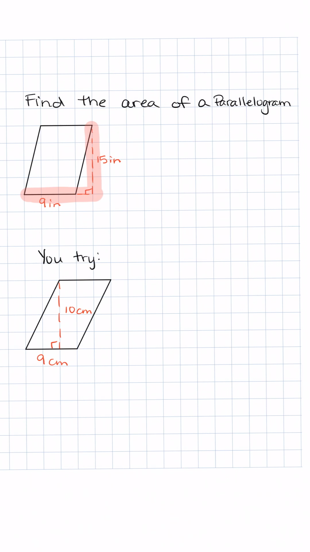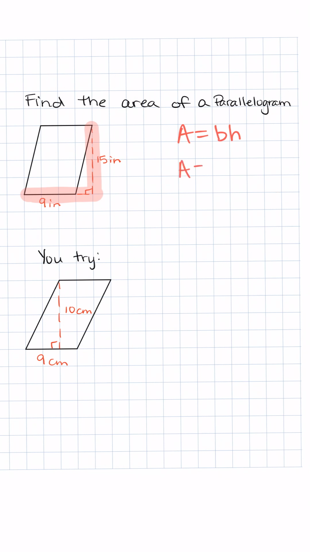So an L or a T would make it perpendicular. So find the area of the parallelogram. All we are going to have to do is multiply the base times the height. So area equals base times height.